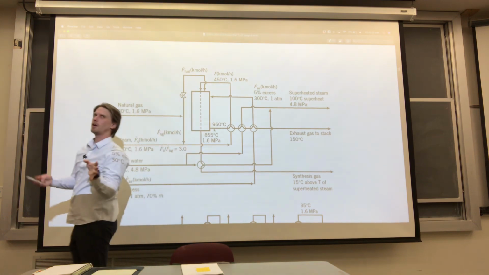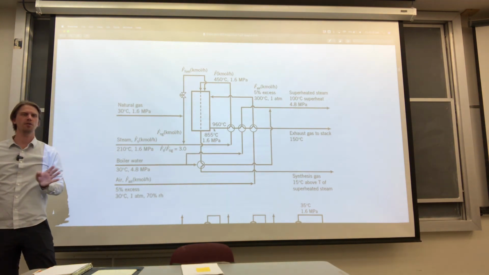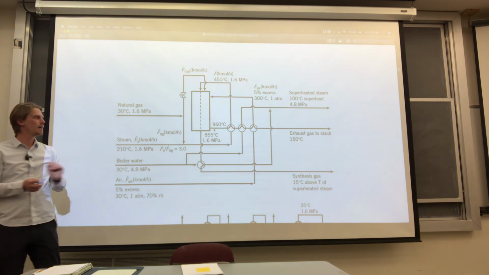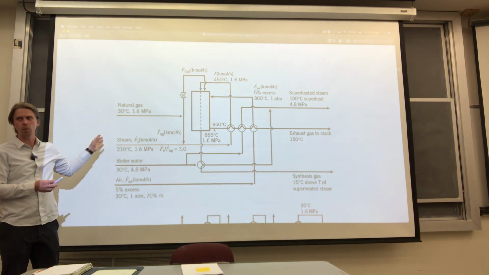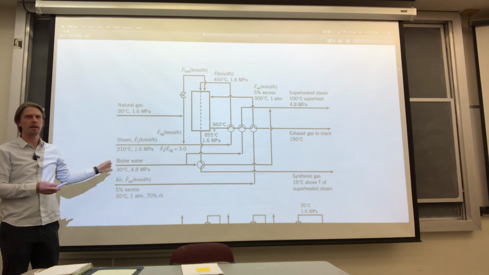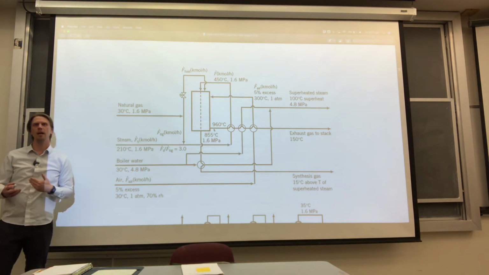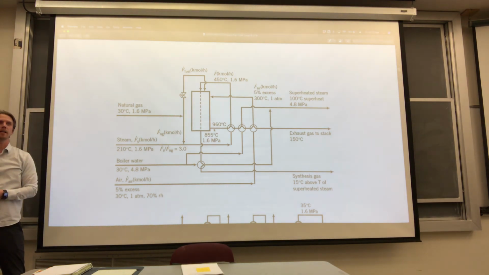Now this seems arbitrarily convoluted just to test your vocabulary, but in fact this is how we would design the actual plant. The 100 degrees above saturation gives you a certain margin of energy before the water starts to condense out, and you have to deal with two-phase flow in your pipelines.